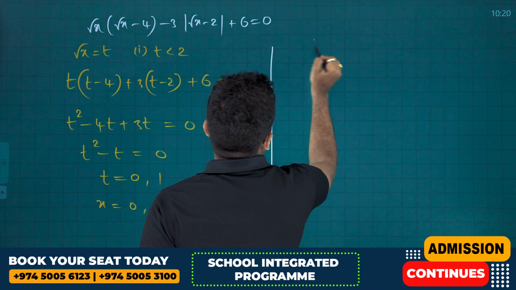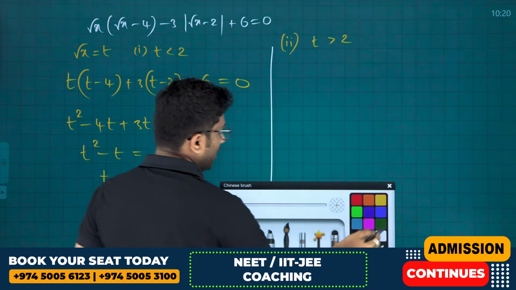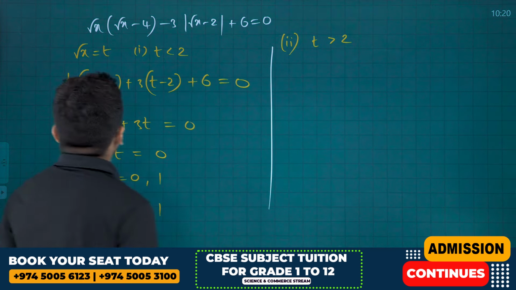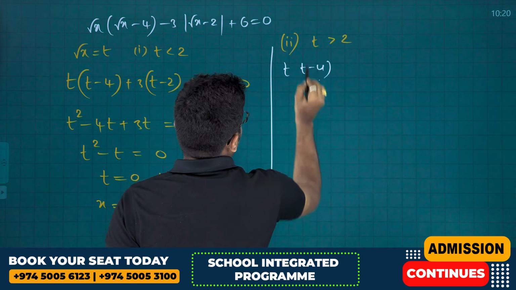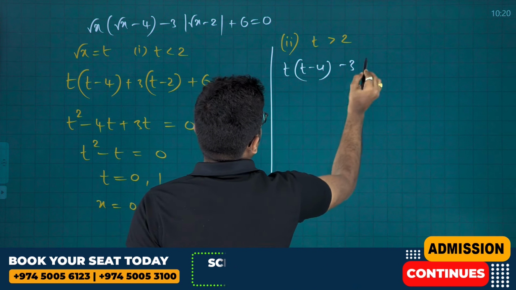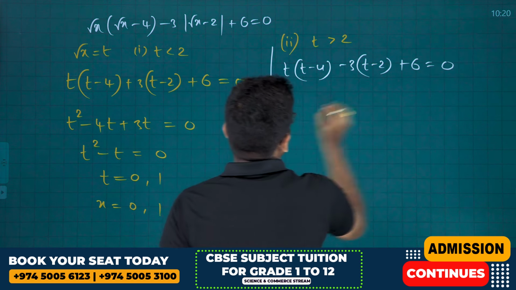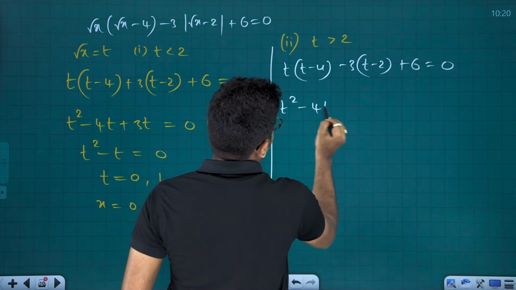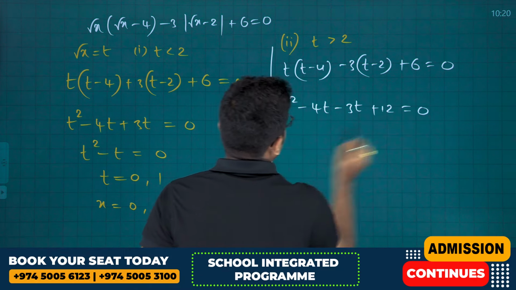Second case, if t is greater than 2, what happens? See this, friends. So t into t minus 4, this will be minus only, minus of t minus 2 plus 6 is equal to 0. T square minus 4t minus 3t plus 6 plus 12 is equal to 0.